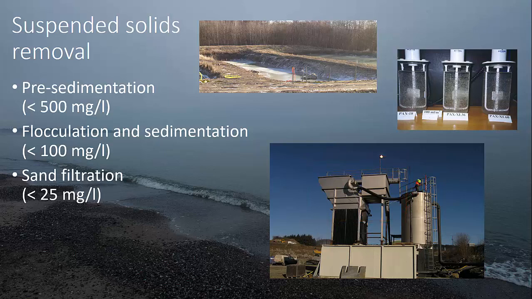And you see a tank, which you see on the arrow here, which is the flocculation tank. After that, you have the sedimentation vessel. And after the sedimentation vessel, it will be sent to the sand filter. So that's how you make this treatment process work: pre-sedimentation, flocculation, sedimentation, and sand filtration.